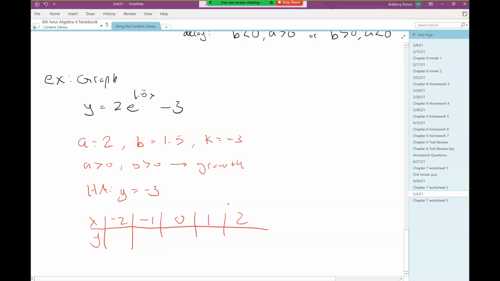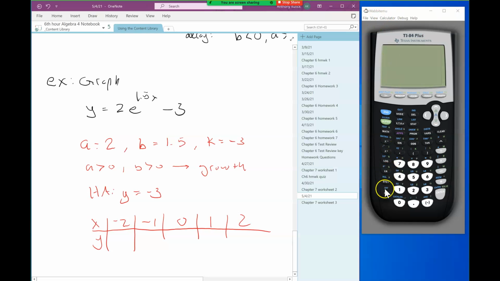To find the y's, we'll do it the same way. We'll go back and plug those into our function. So 2 times, then I'll press second and ln to get the e, 1.5 times negative 2, and then minus 3.